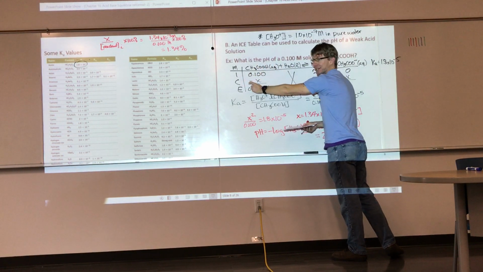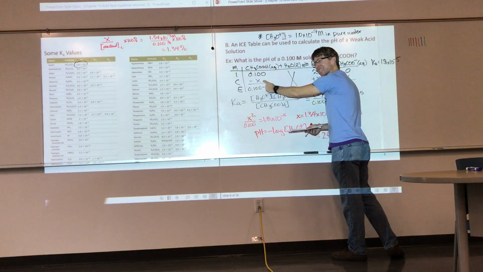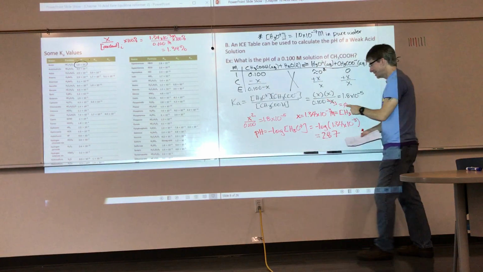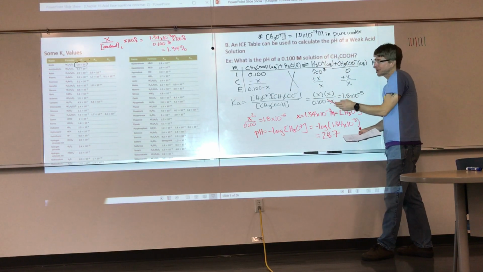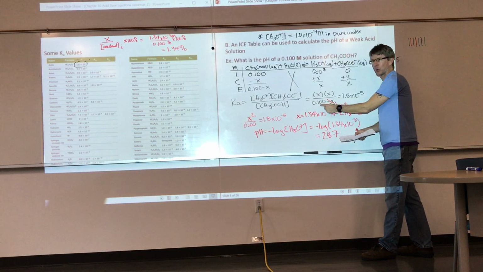If it's very reactant favored, then as it makes products, it's only going to make a tiny amount. Our assumption is that whatever x is, it's insignificant compared to 0.1.